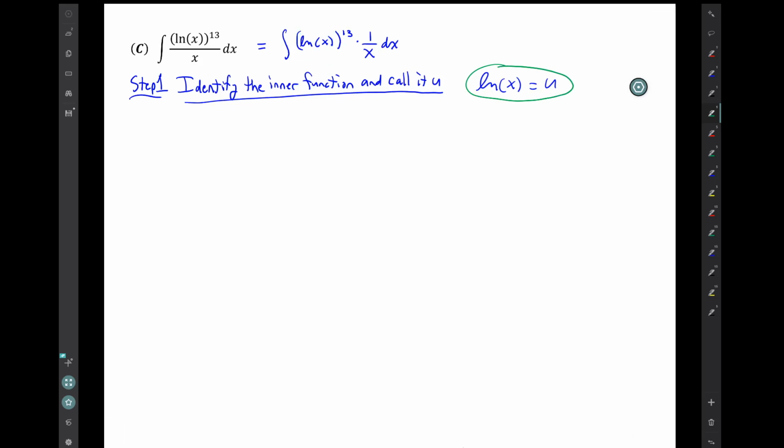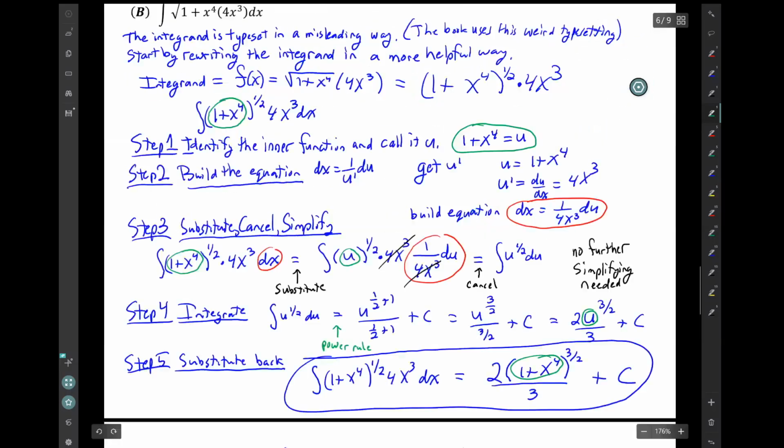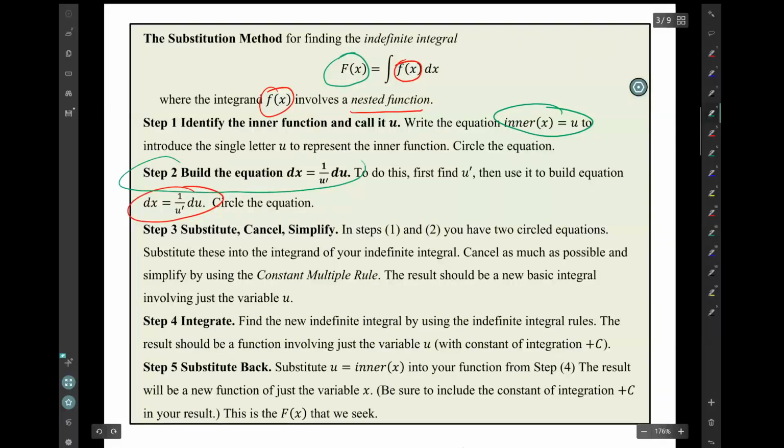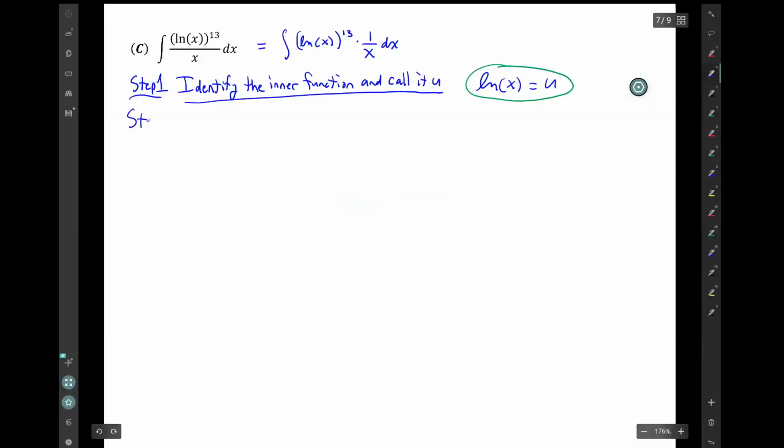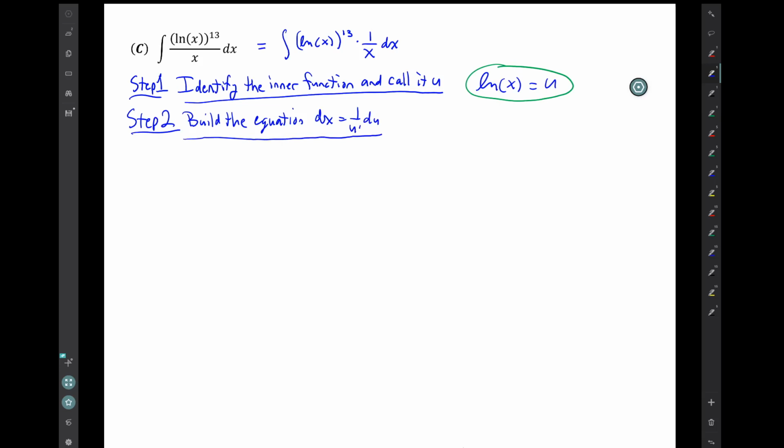Step 2, let's go back up and look at our instructions for step 2. Step 2 is to build the equation dx equals 1 over u prime du. Now remember the procedure. The procedure is first find u prime, then build the equation.